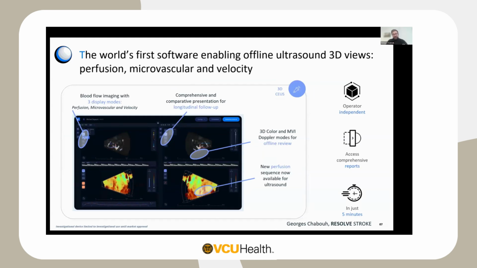After just 5 minutes, you remove the probe and you can access our software where you can get 3 different modes that I'm going to show later, which are perfusion, microvascular, and velocity. And more importantly, you can do this longitudinally, so you can follow up your patient. And because it's done in 3D, there is an automatic registration of the anatomy so that the everyday follow-up is accurate.